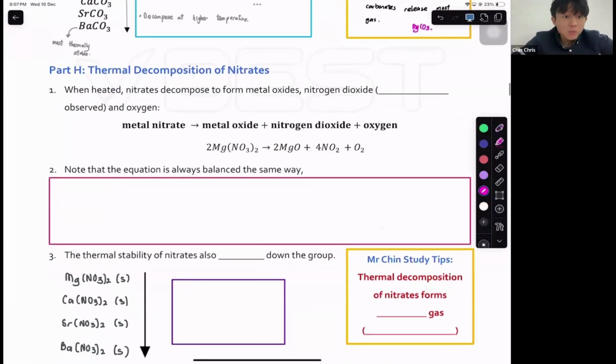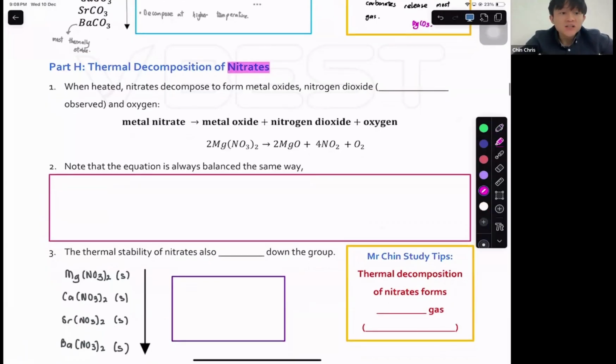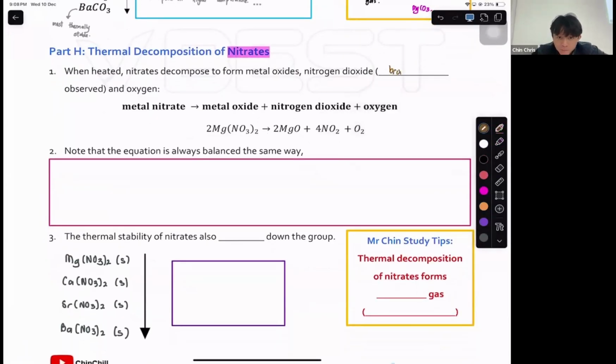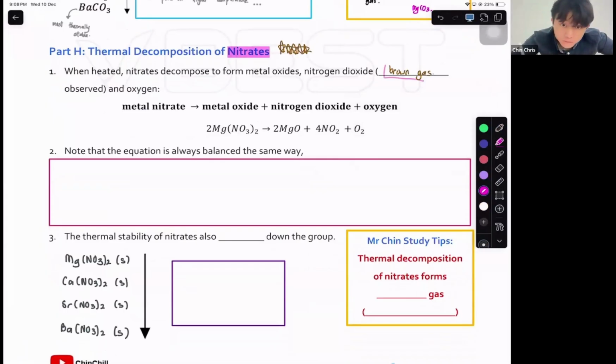So guys, when you decompose a nitrate, what do you get? You get a nitrogen oxide, which is nitrogen dioxide, formed as a brown gas. This is very important. So you get to see a brown gas.